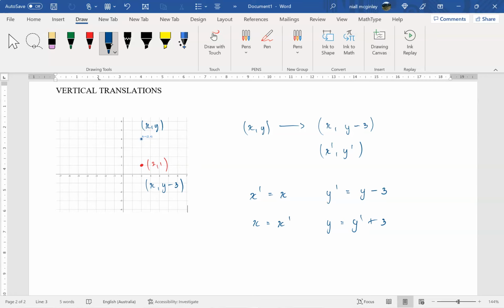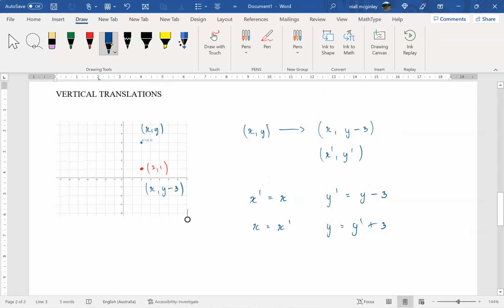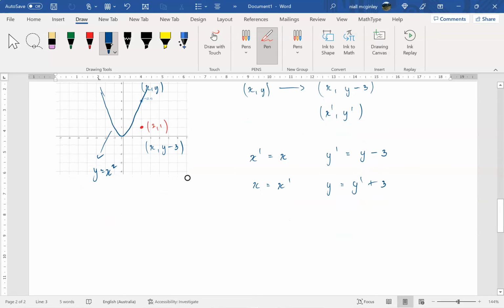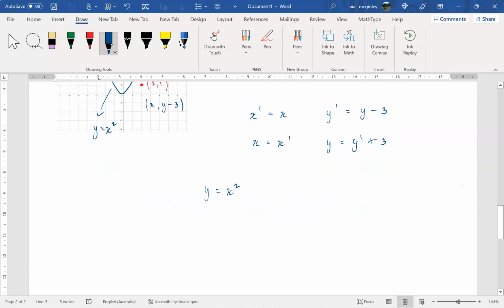So now again, using the function, we can see clearly that your parabola here is y equals x squared again. So when we do this, we've got the function y equals x squared. So what we're going to do is transform the function and see why this happens. So you're going to replace y with y plus 3 and x with just x. Okay, we forget about the dashes once we rearrange it.